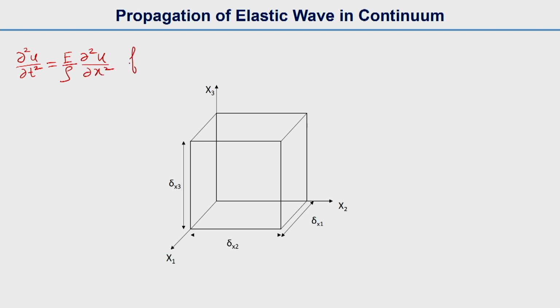So this is for a finite medium like the split Hopkinson pressure bar, SHPB, which in this case was uniaxial stress. This is what we discussed in the previous lecture.